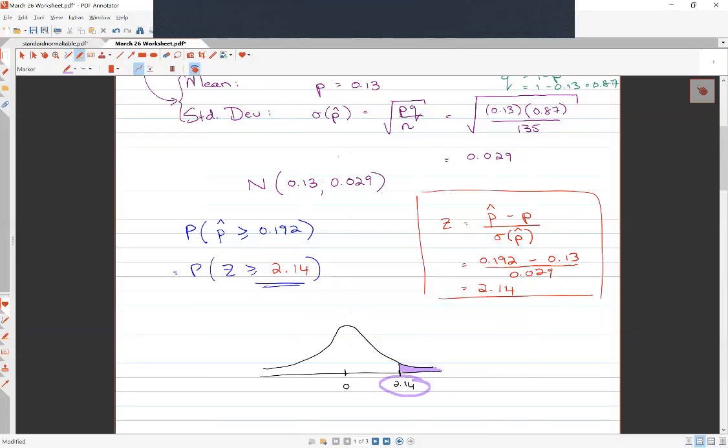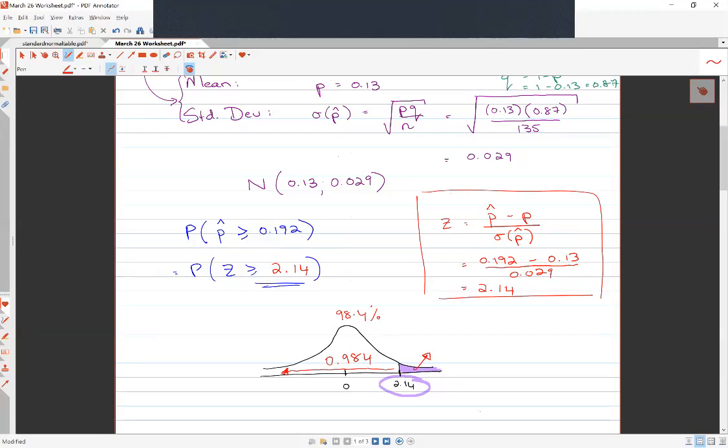Now, what's important to remember is when you look up something in the normal table, that tells you what the value is to the left of the reference value. So I looked up 2.14, and my z table is telling me there is a 98.4% chance of being below that z-score.